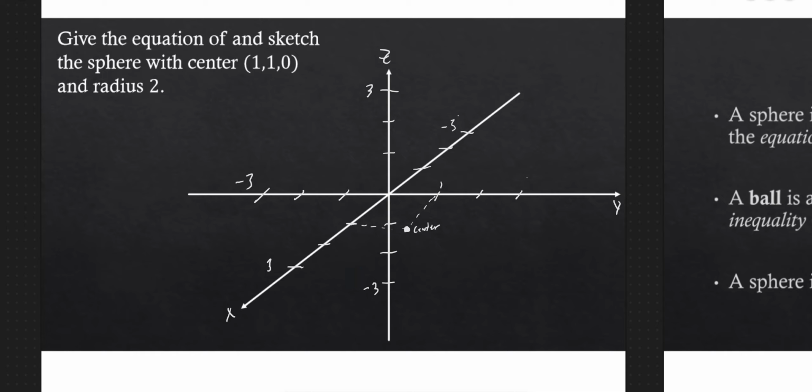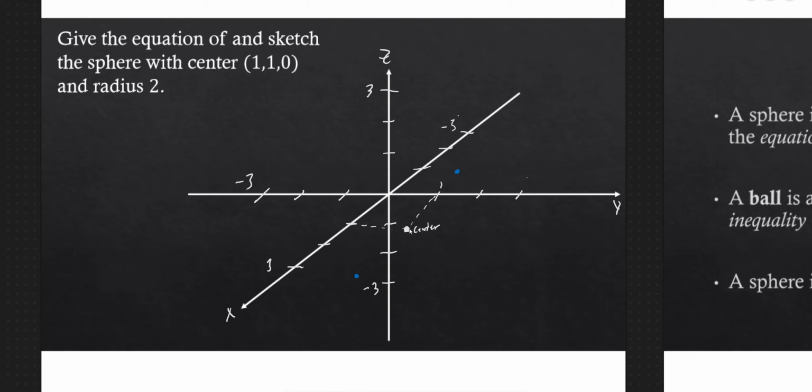That's the extent in the x direction. I'm going to travel in the negative x direction 2 units. There's the extent there.